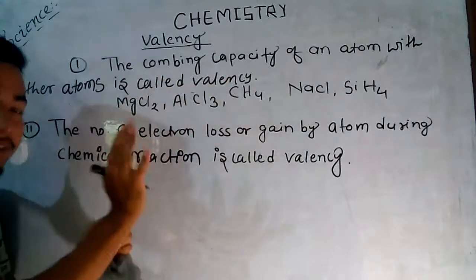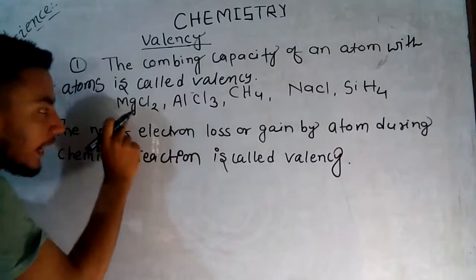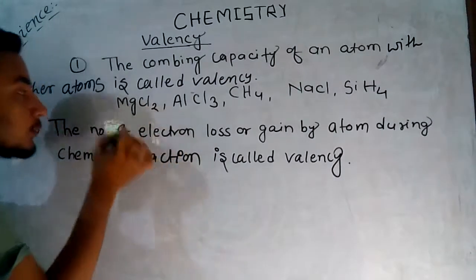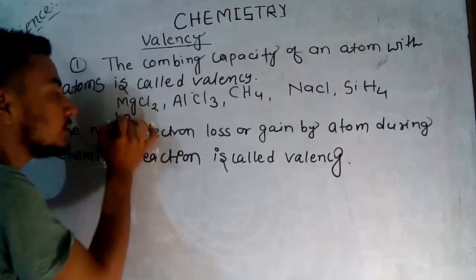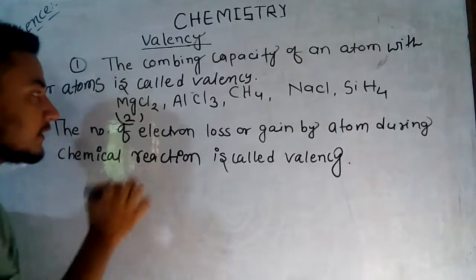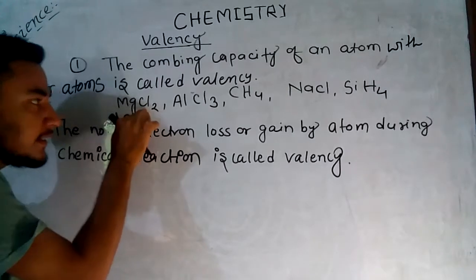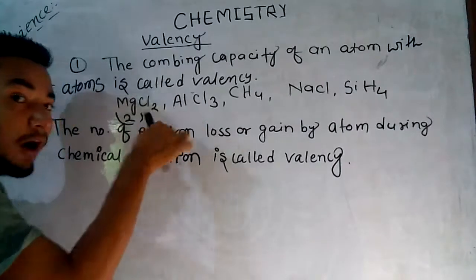So tell me, magnesium combined with how many chlorine? 2 chlorine. So the valency of magnesium is 2.